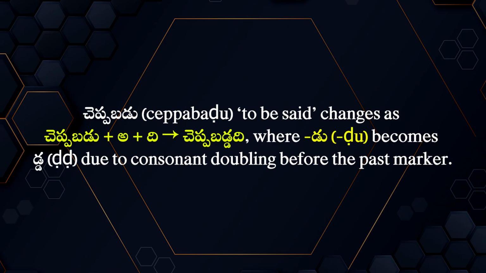Here, cheppabadu, to be said, changes to cheppabaddadi, where du becomes dda due to consonant doubling before the past marker.